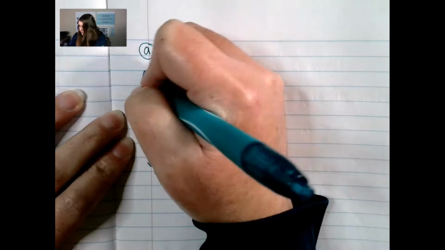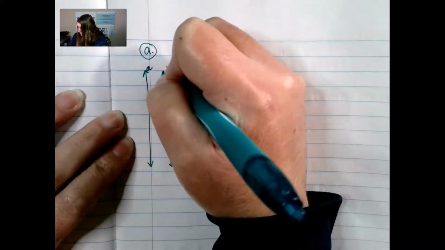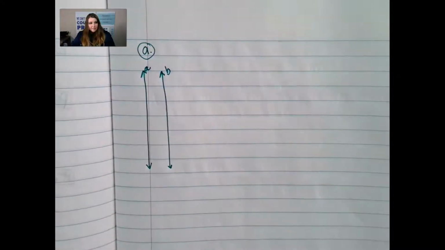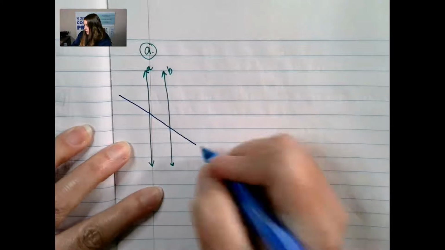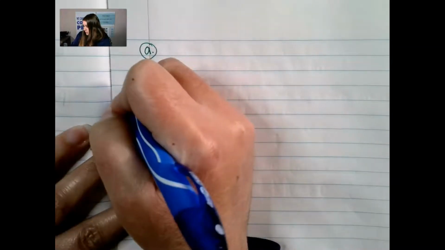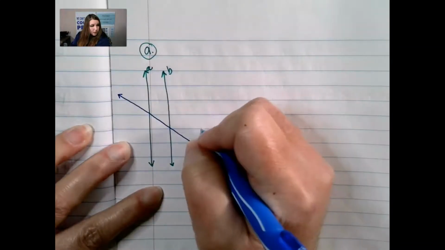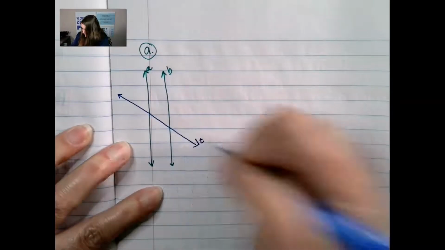Okay, one is called A and one is B. And then they have a transversal line. So here's my transversal line, and it cuts it in half, just like this. Okay, and they call the transversal line letter T.